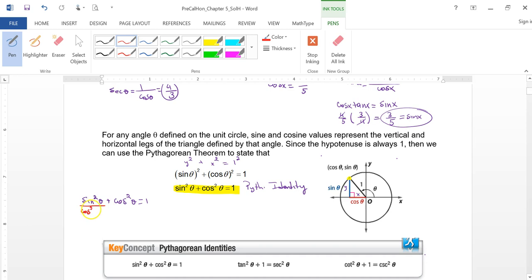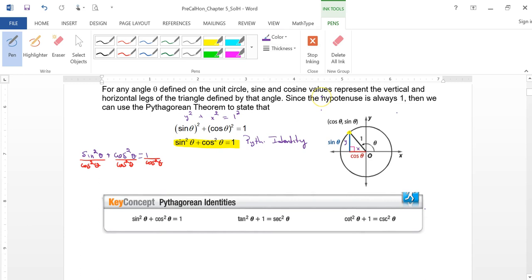Why? Because it's fun. So let's see what we get when we do that. Here I get tangent squared theta. Cosine over cosine, that's 1, equals 1 over cosine, secant squared theta. Believe it or not, that's a second Pythagorean identity.